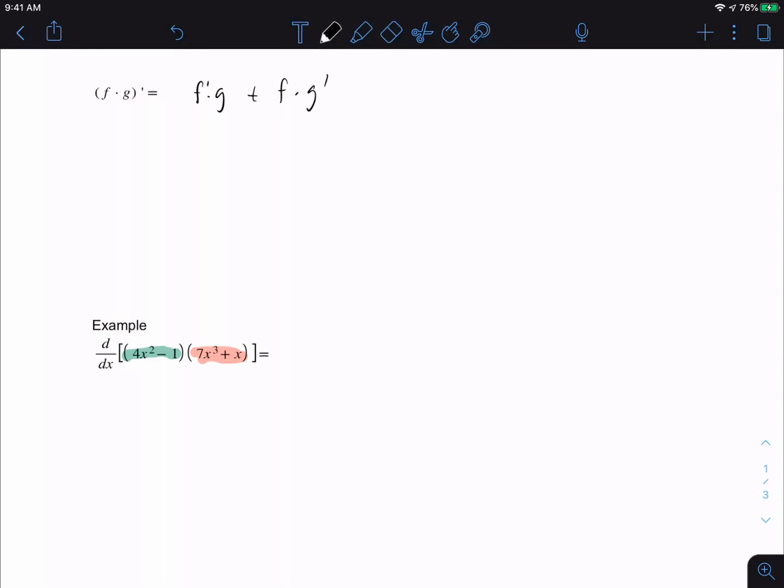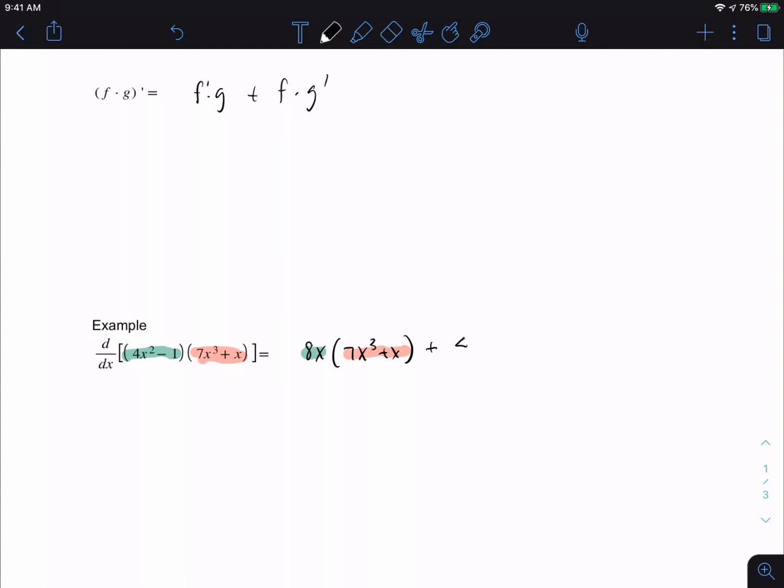So anyways, with this thing then, we're going to take the derivative of the green. So the derivative of the green is going to be 8x times 7x cubed plus x. And so that stays the same. The green becomes this. That's the derivative piece, right?